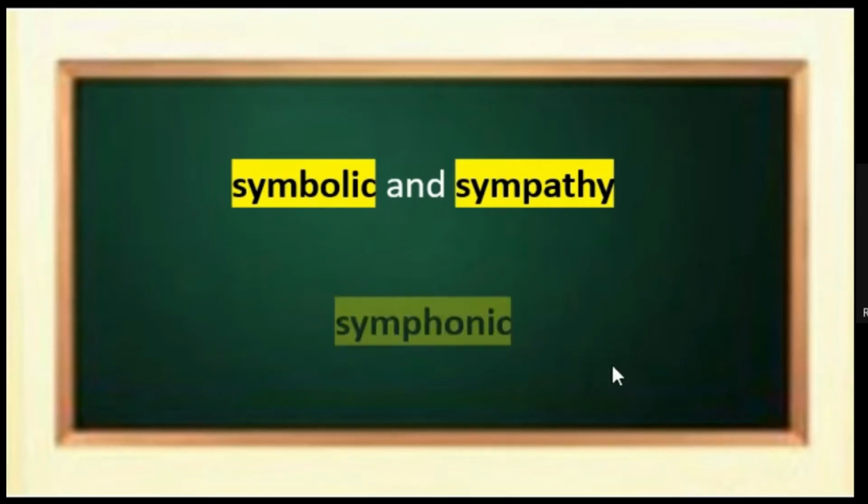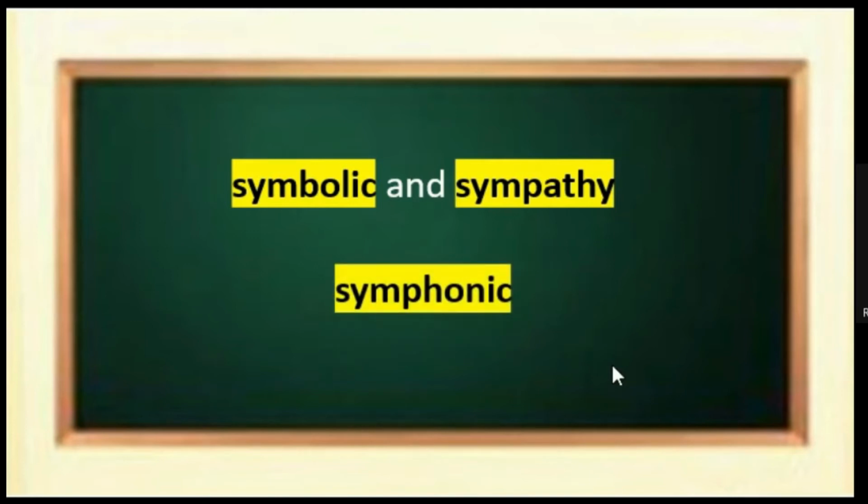This will tell you if the word that you're looking for can be found on that page of the dictionary. Let's say, for example, class, you're looking for the word symphonic, and your guide words are symbolic and sympathy. Do you think you can find the word on this page? Symbolic is the first word on the page. Sympathy is the last word on the page. Now, the question again, can you find the word symphonic?